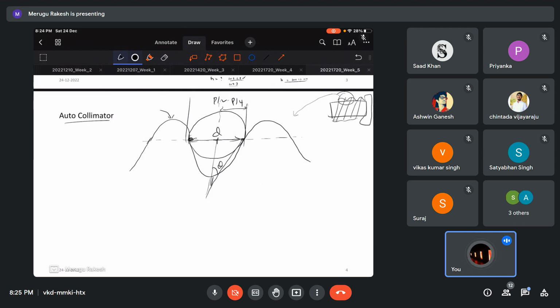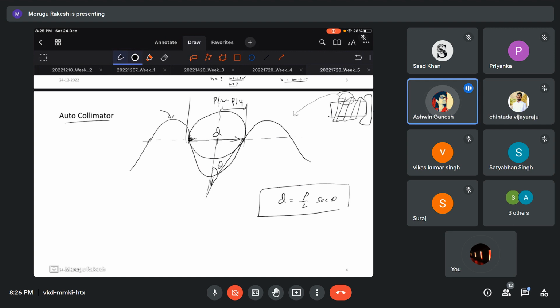So can you give me this best wire size? P by 2 secant theta. Is it correct? Second, can you mention about P by 4?